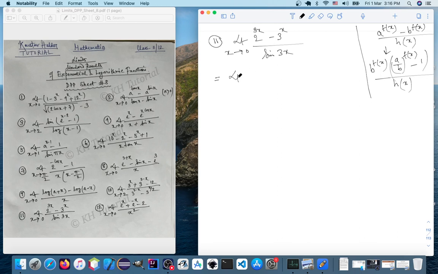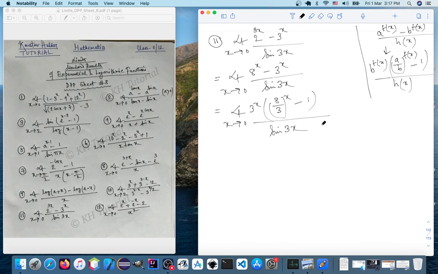So this is x tending to 0, 8 to the power x minus 3 to the power x over sine 3x. We take 3 to the power x common from the numerator and we get 8 by 3 to the power x minus 1 divided by sine 3x.